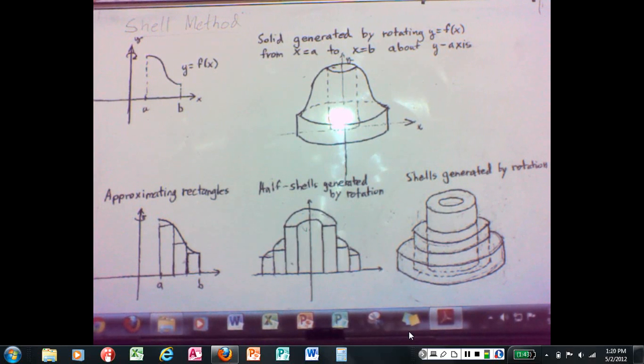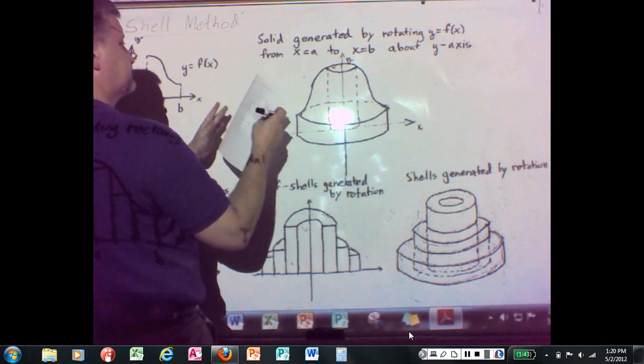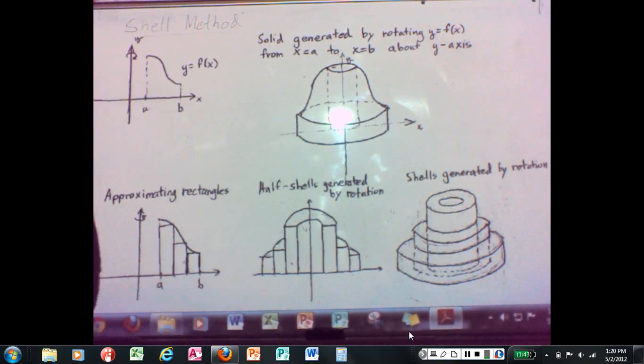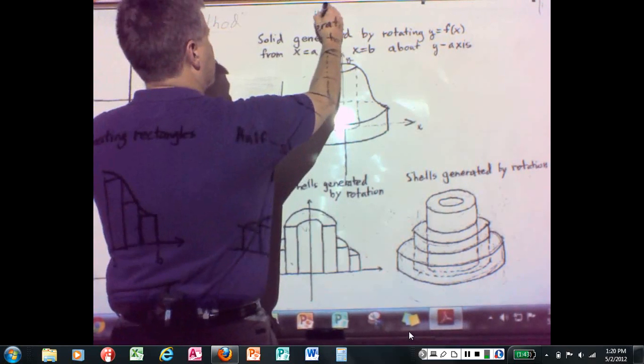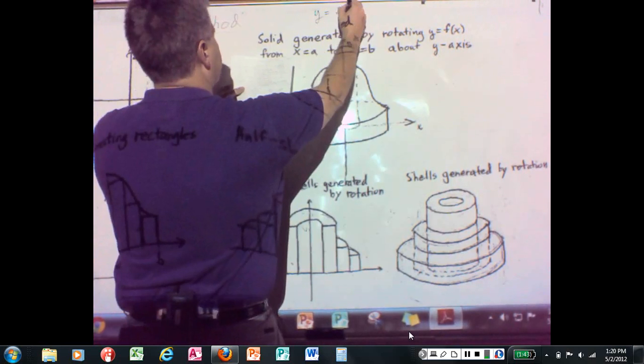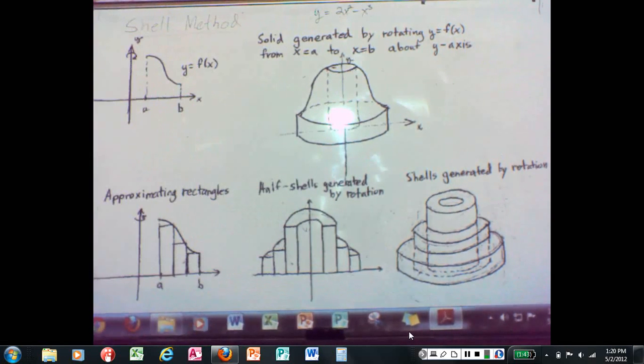Really, though, probably what I should have go through with you first is, think about this one. Let's say I have y equals 2x squared minus x cubed.